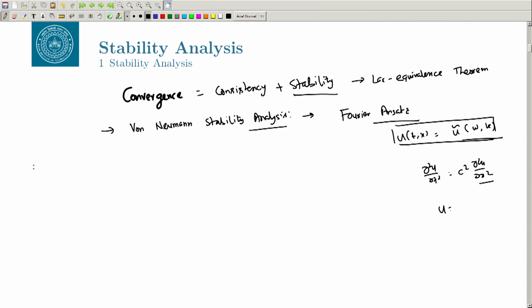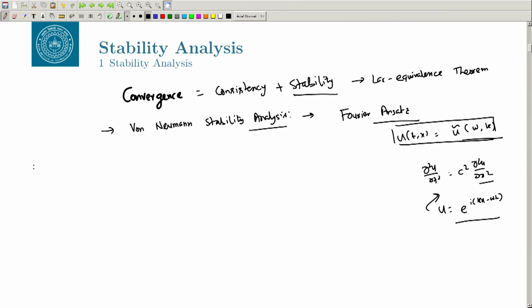If you assume u equal to e to the power i(kx minus omega t), then you can separate t and x and solve it exactly. So, the wave gives you a handle to analyze a problem in a very convenient way.